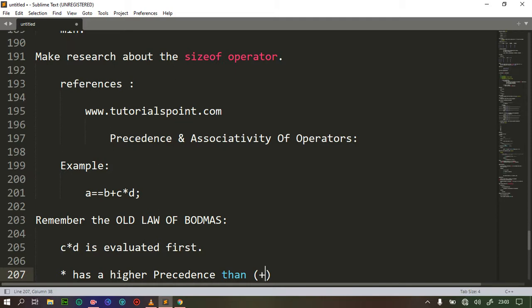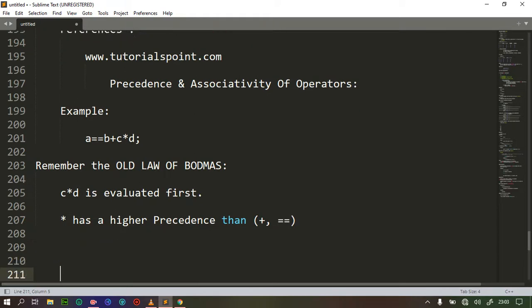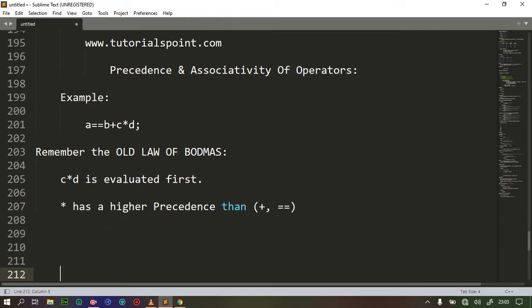We have the plus and we have the equivalent operator. Guys, are we moving? So in the precedence rules, it's the multiplication that will come first. Why? Because it has a higher effect within the expression. That is what the rule of precedence says.